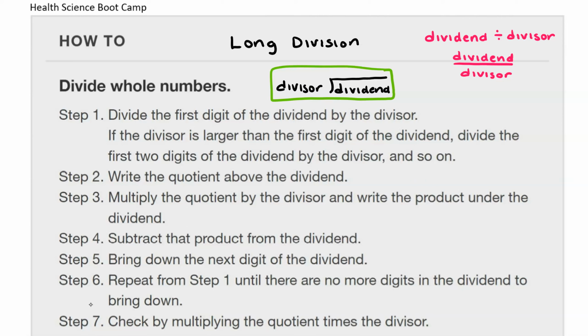Then we'll write that quotient. So we'll do that little division. We'll write that quotient up top, and then we'll multiply the quotient by the divisor and write the product under the dividend, subtract, and then we'll bring down the next number.